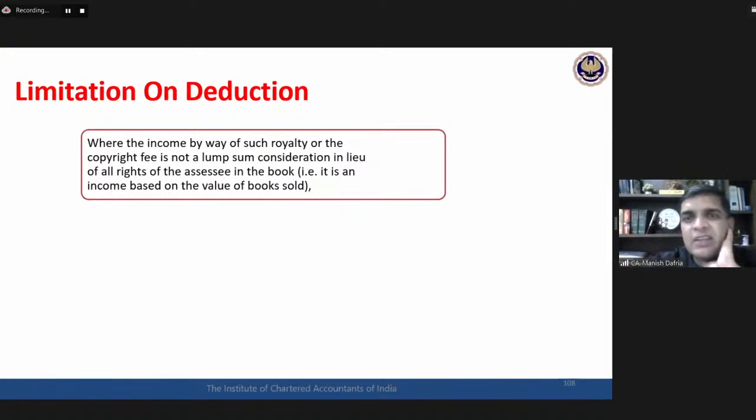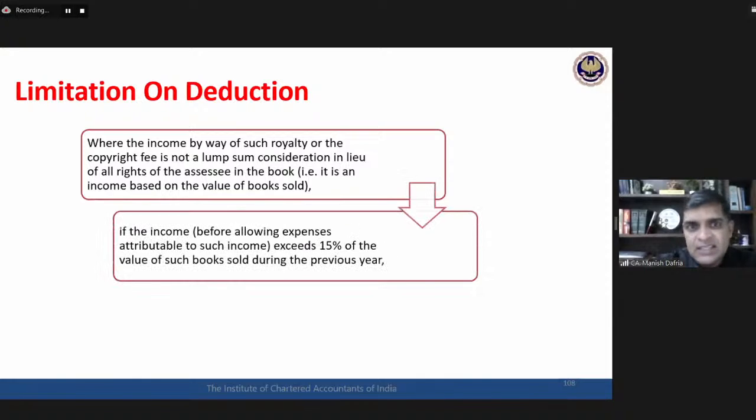Normally, whenever an author writes a book, the royalty which he gets is based on a percentage of sale price. Say for example 20% of the sale price. So if the book price is 200 rupees, for each copy sold, the writer would be getting 20%, that is 40 rupees.